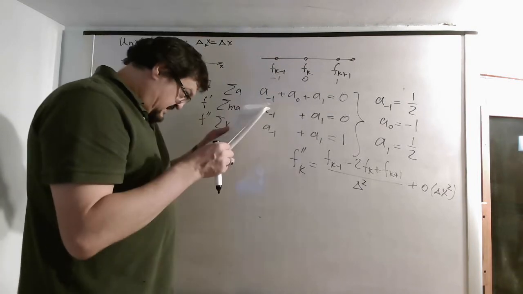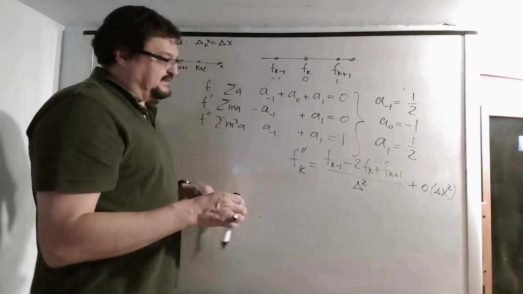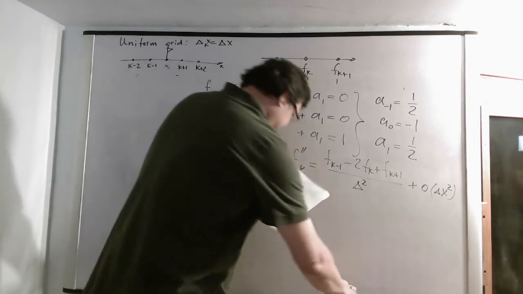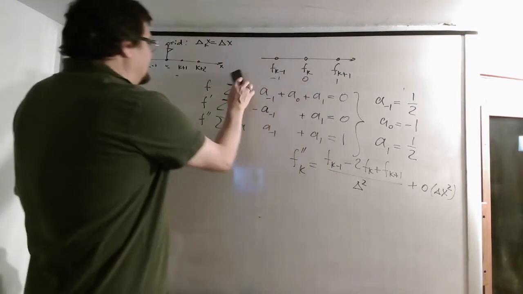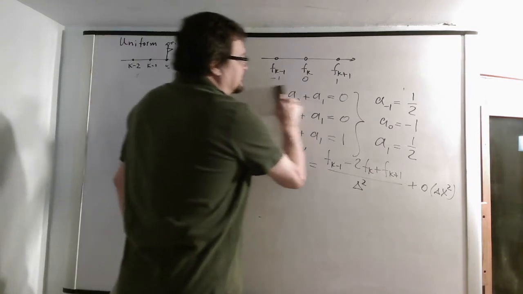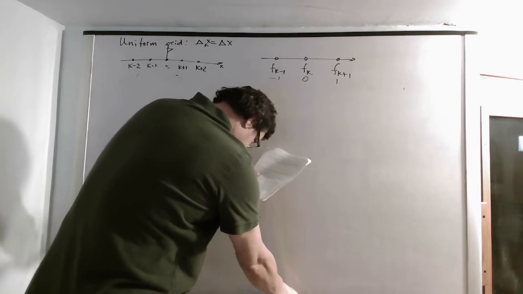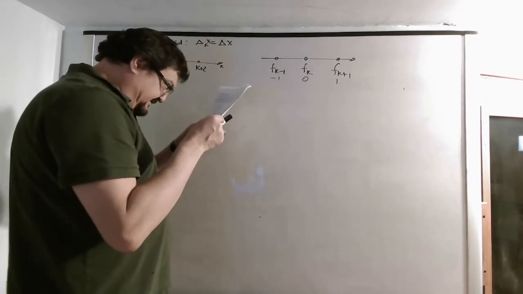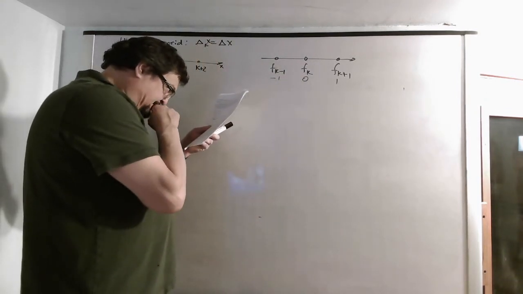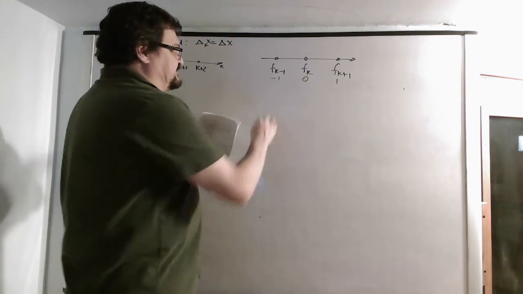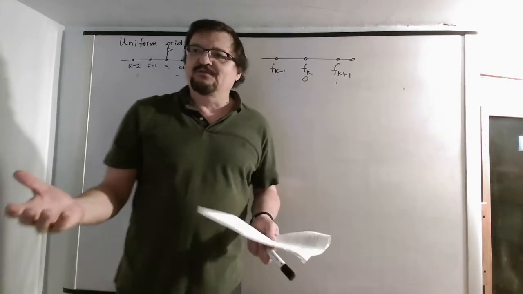Sometimes it's very confusing the first time you see this. Let's say that you want to derive the fourth order derivative. How many grid points do we need for the fourth order derivative?